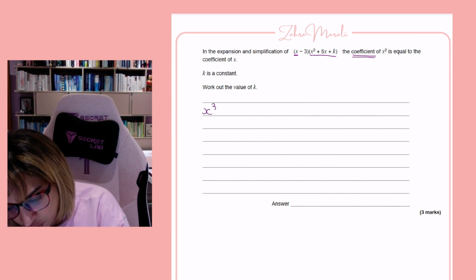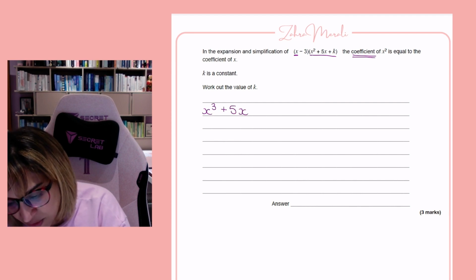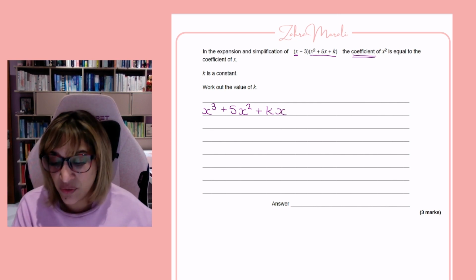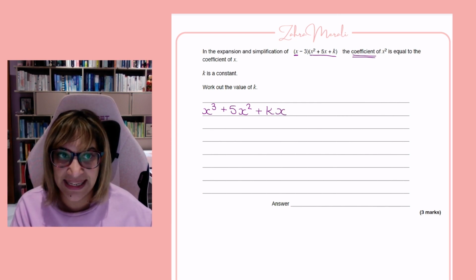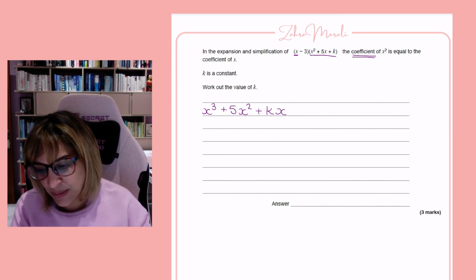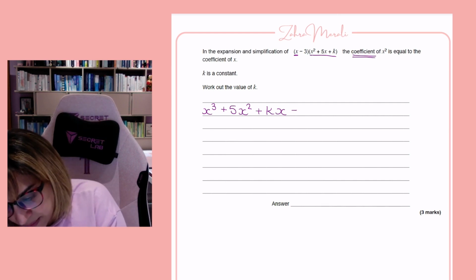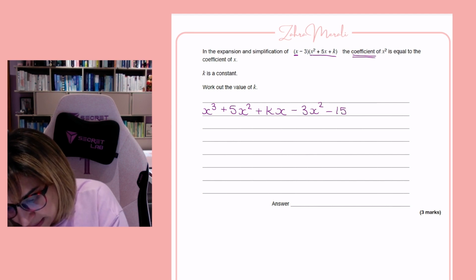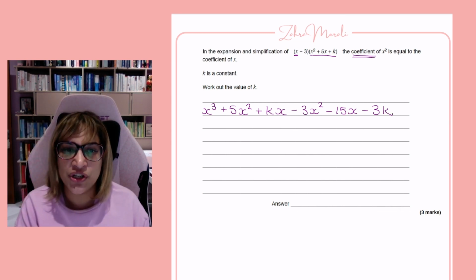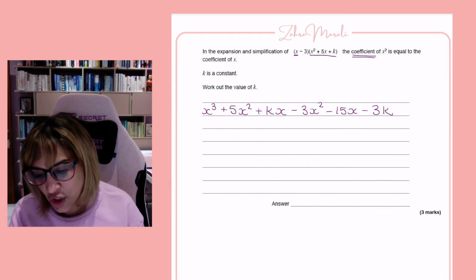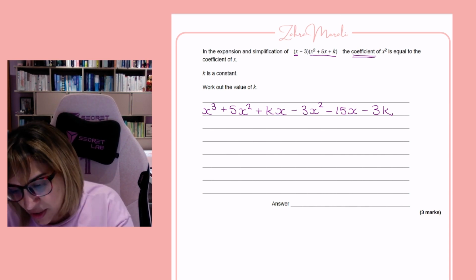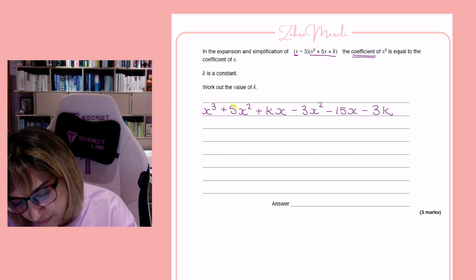So we get x cubed plus 5x squared plus kx. We're now going to take the whole of the bracket again, and this time we're going to be multiplying it by minus 3. Minus 3x squared minus 15x minus 3k. And we want to know our coefficient of x squared. So I'm looking for everything that is in front of an x squared.